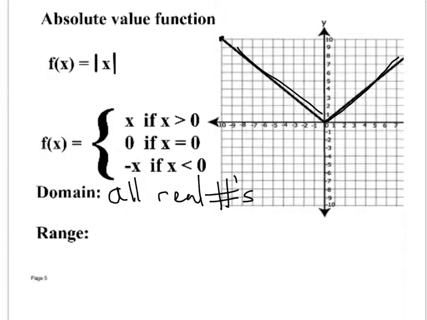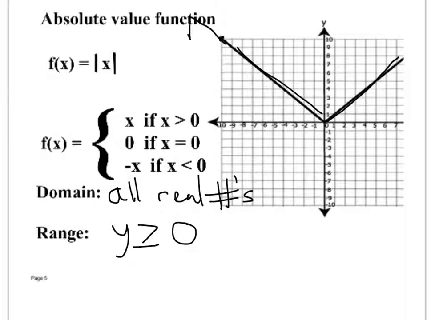What's my range limited to? This is not the same as the step function. Does this function include -1, -2, -3? No. It's y is greater than or equal to 0.